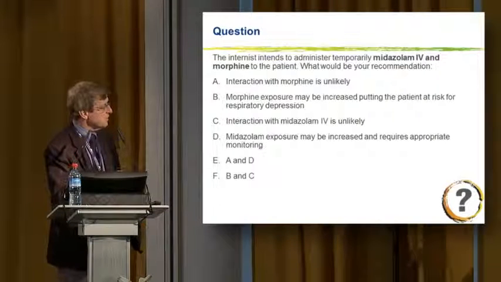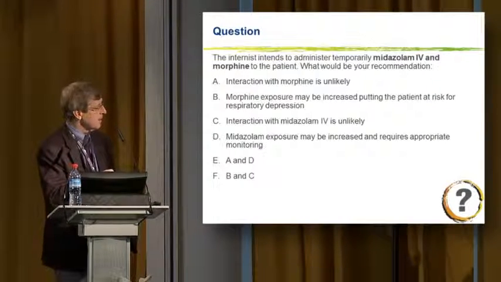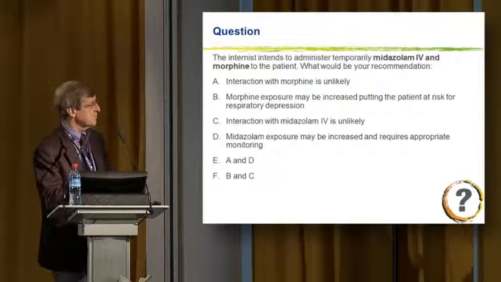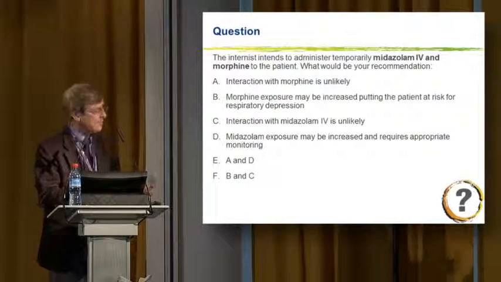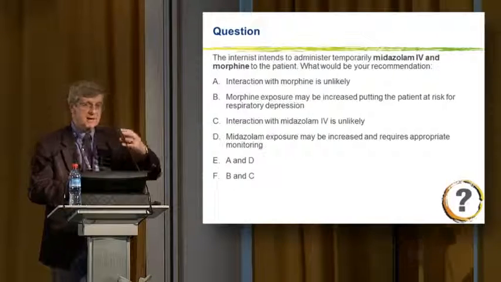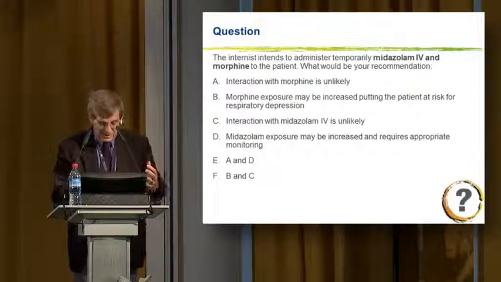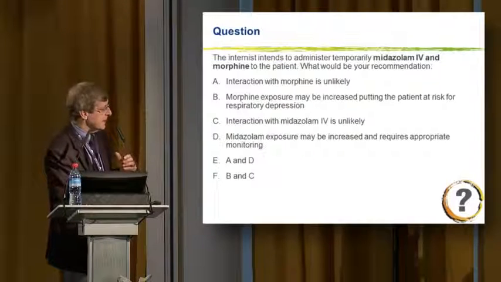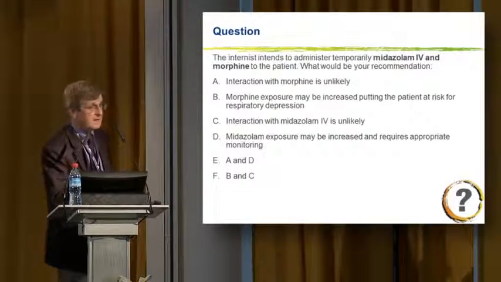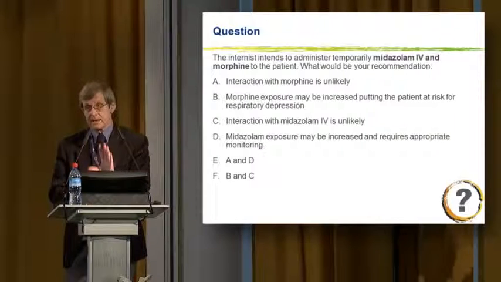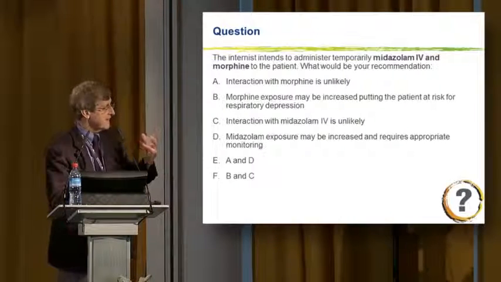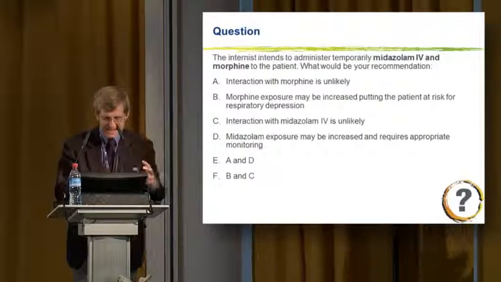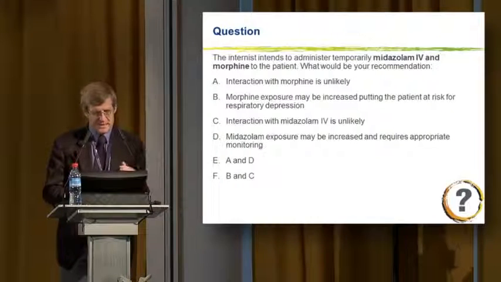Is an interaction with morphine unlikely, or morphine exposure may be increased? Interaction with midazolam is unlikely, or midazolam exposure may be increased. Actually, there are two things that might happen, and we come under designation A. An interaction with morphine is unlikely, but midazolam exposure may be increased. So A and D are the considerations here.